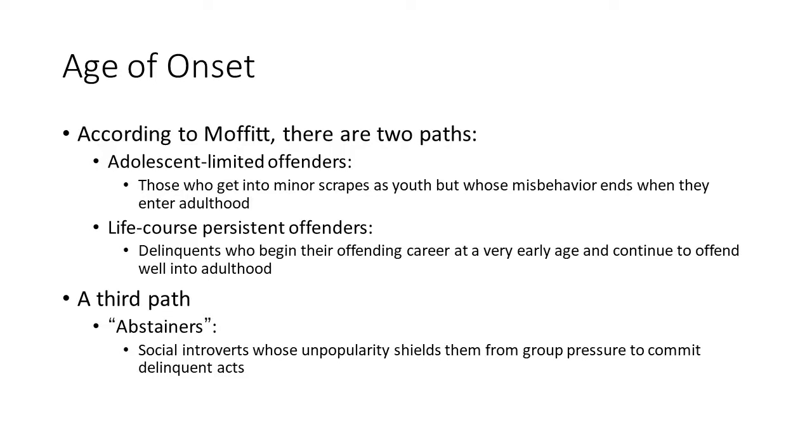Psychologist Terrie Moffitt proposed that there are two types of juvenile delinquents: life course persistent offenders and adolescent limited offenders. According to Moffitt, she contributed to the development theory through her identification of what she refers to as the adolescent limited offenders, and those are adolescents whose antisocial behavior peaks during adolescence and then declines to the point of desistance.